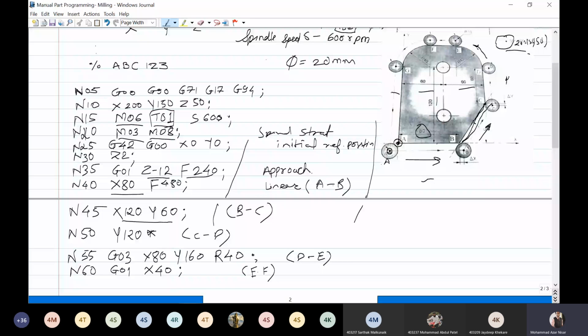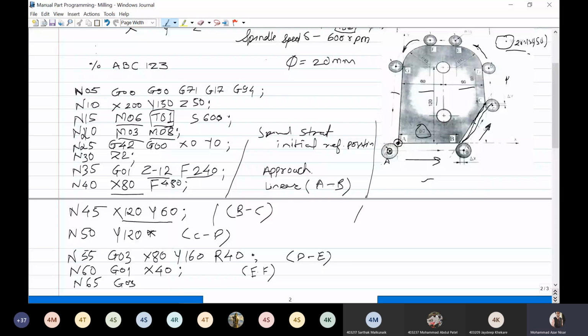Then next, N65. Now again there is circular interpolation, again in the counterclockwise direction, so again take G03. Now we have to check the coordinates.